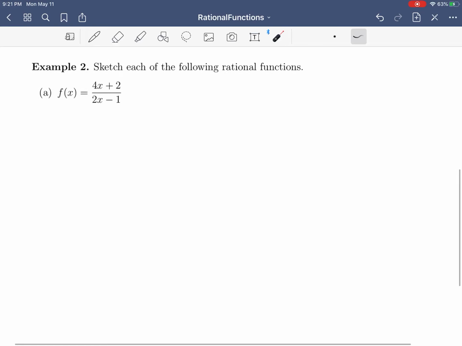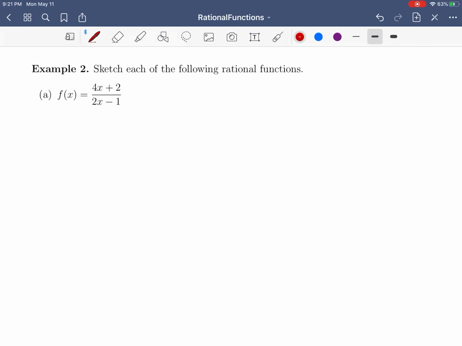So let's do a couple of examples. We want to sketch each of the following. The first one is f of x is equal to 4x plus 2 divided by 2x minus 1. The first thing we normally want to think about is the domain. For the domain, we need the denominator to not be 0. So I want 2x minus 1 to not be 0.